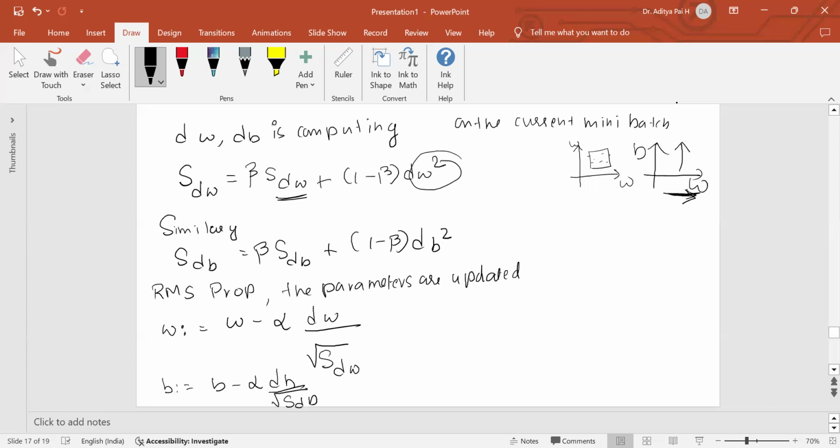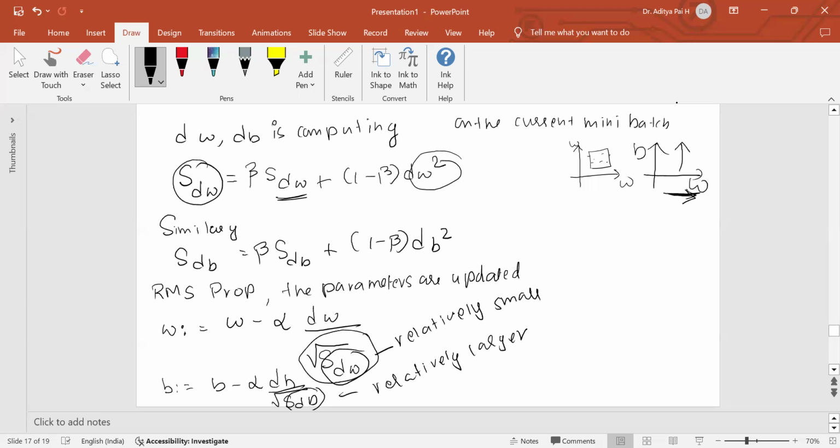Now here you can see the dw value and the db value. If we compare, sdw is relatively smaller when compared to the sdb value, which is relatively larger. Now when I compute w equal to w minus alpha dw over root of sdw, this update will be relatively small.